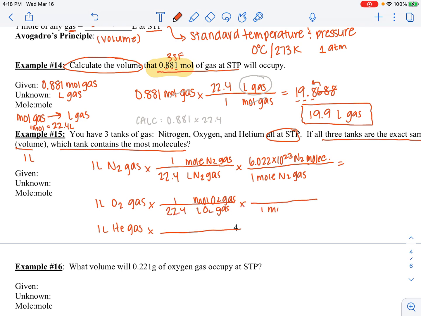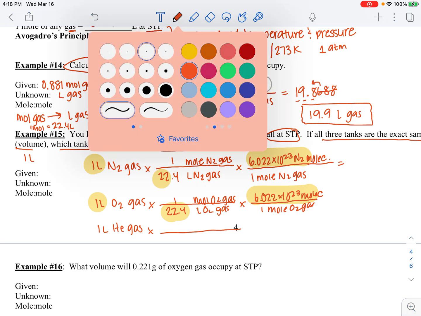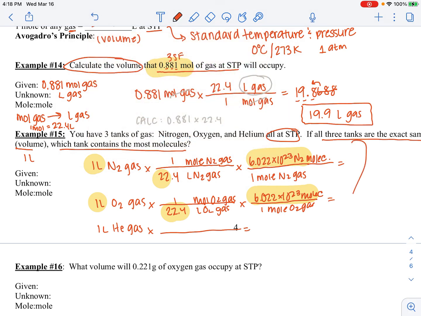Then we're going to go from moles of O2 gas to molecules. No matter what, we're taking 1 divided by 22.4 times 6.022. Helium's going to be the same. If you don't believe me, write it out and solve all of these. These should all equal the same number of molecules, regardless of what gas it is, because we're using 2 constants that work for any gas.